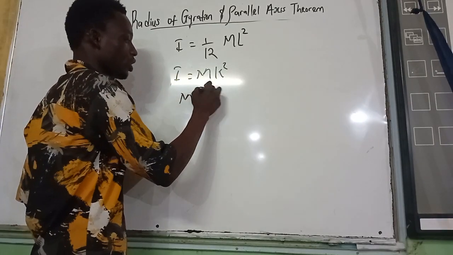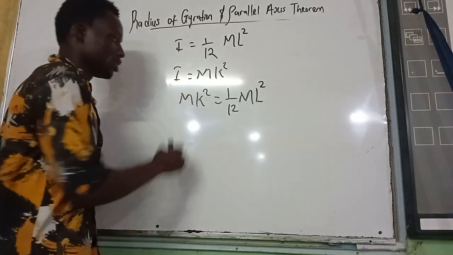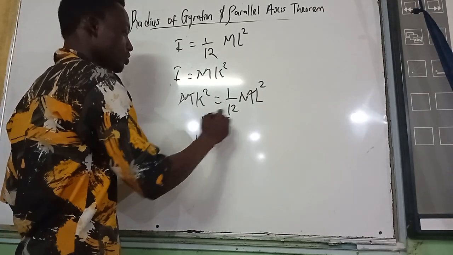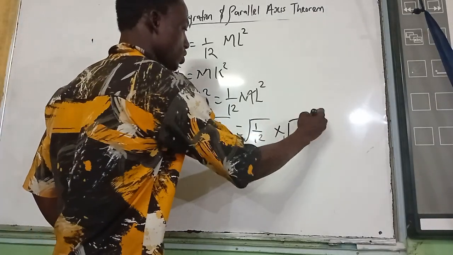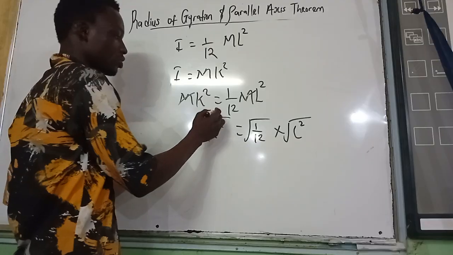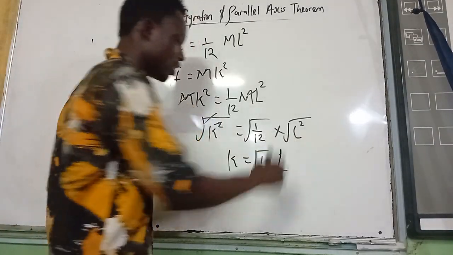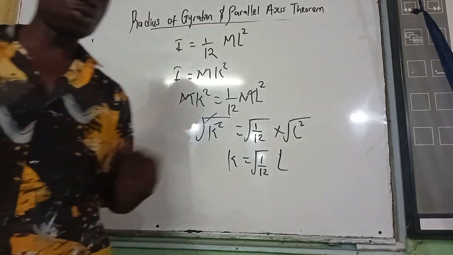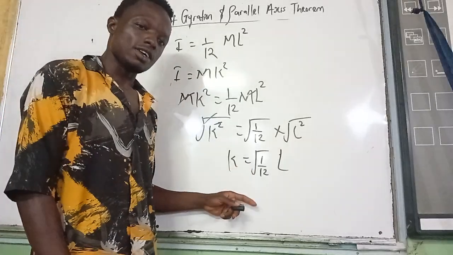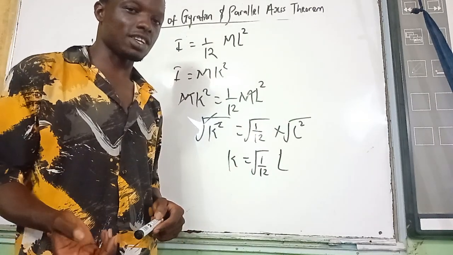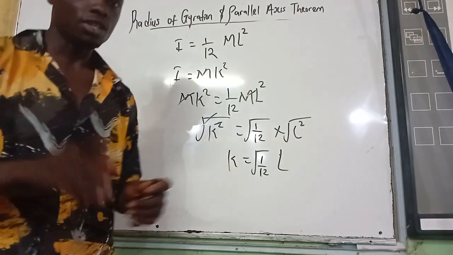So Mk squared equals 1 over 12 ml squared. M cancels M. We have root k squared equals root 1 over 12 times root L squared. So the square cancels the root, and we have k equals root 1 over 12 L. Earlier we got root 1 over 2 R for the uniform circular disc. This is for a thin rod rotating about its center. So the radius of gyration of that thin rod is this. Take note of that.